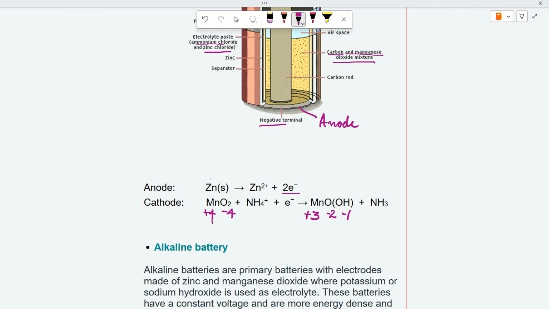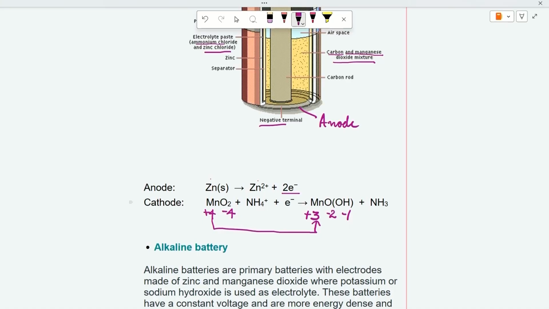That means manganese goes from the +4 state to the +3 state, or you can say that manganese is getting reduced, that is, manganese dioxide is getting reduced to form hydrated manganese oxide. So, this is the reaction taking place at the anode and the cathode.